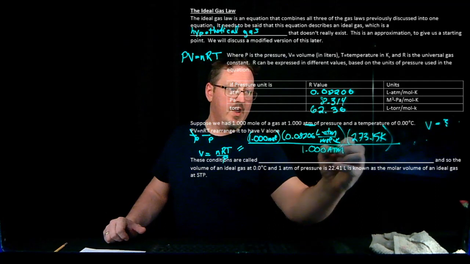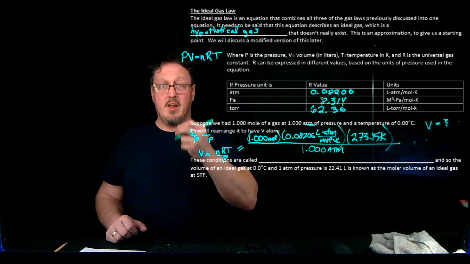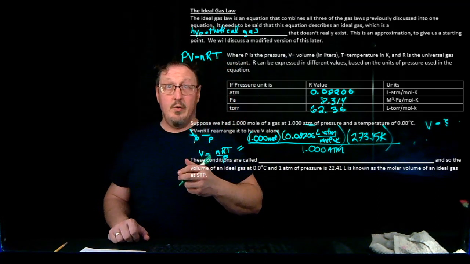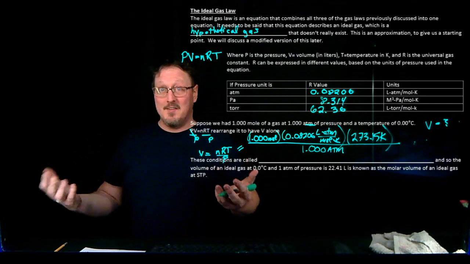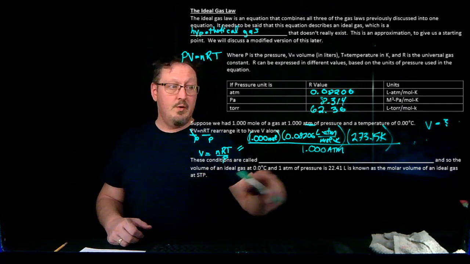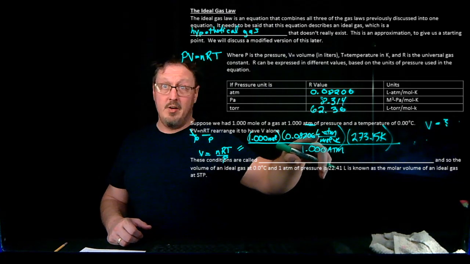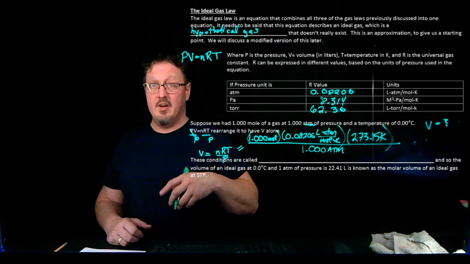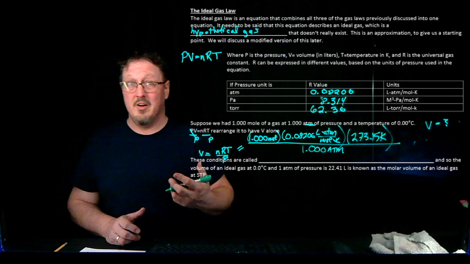Now, when we start talking about canceling off units, we hope that when this is all said and done, we end up with a unit of volume in the end. So we want liters to be all alone in the top when we're done. If that happens, then we set it up right.